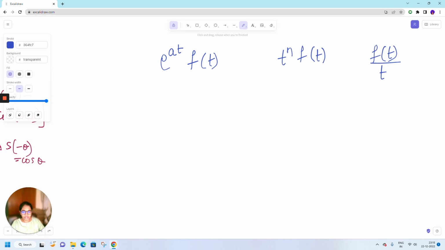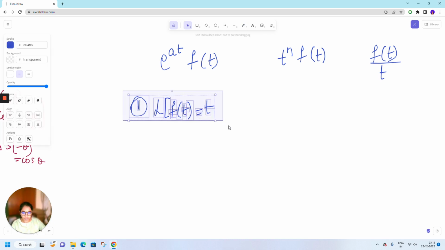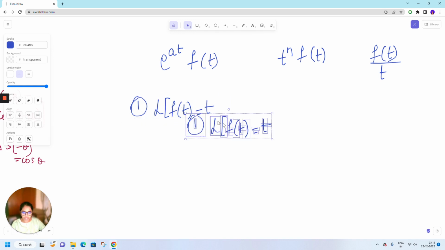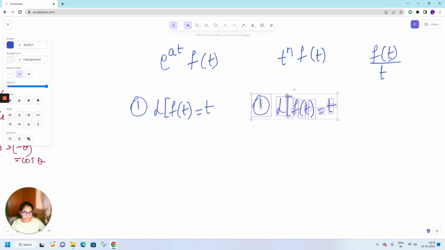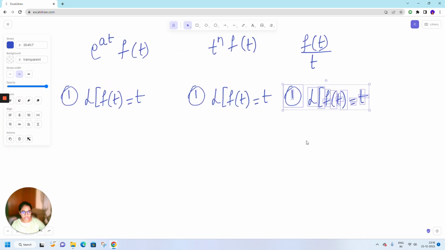Here the first step is identify f of t, find the Laplace of it. Yes, the same thing with all the other three. The first step is same for all the other three too. Let me just write it down. So what is the second step for e power at f of t?